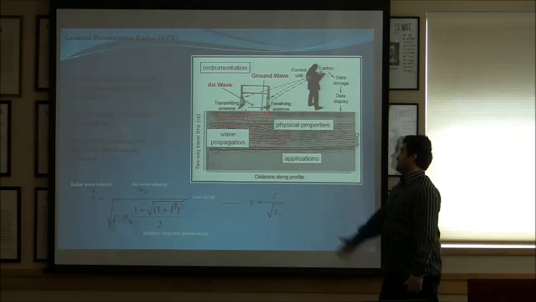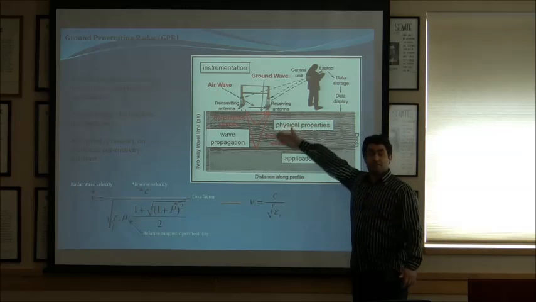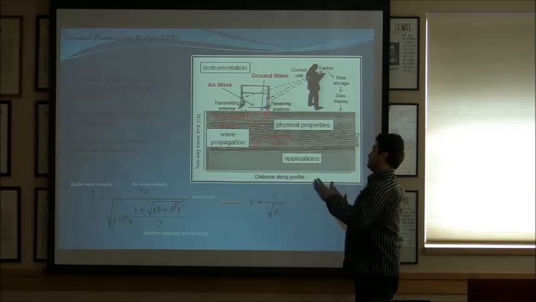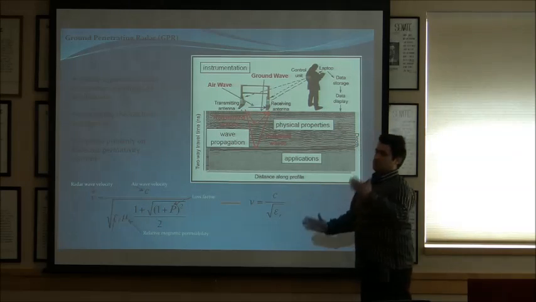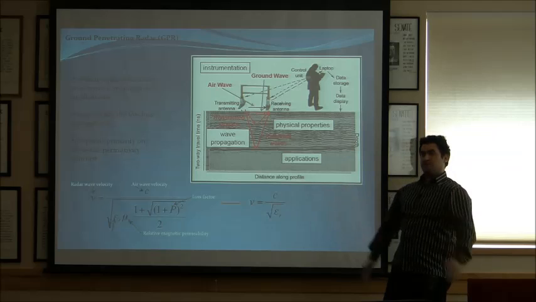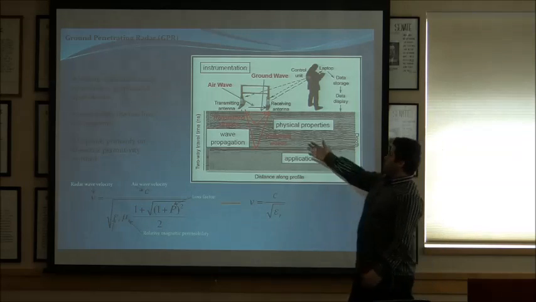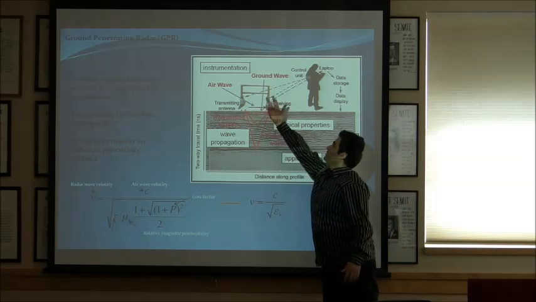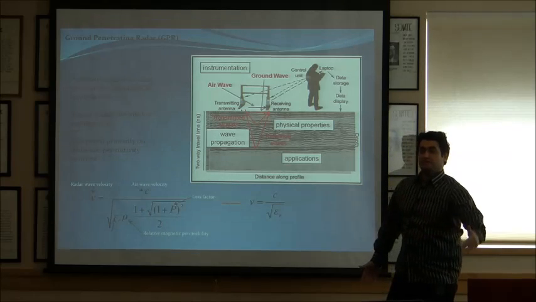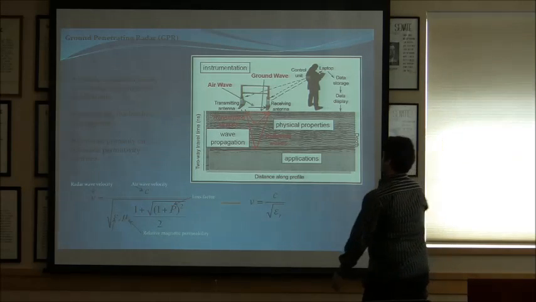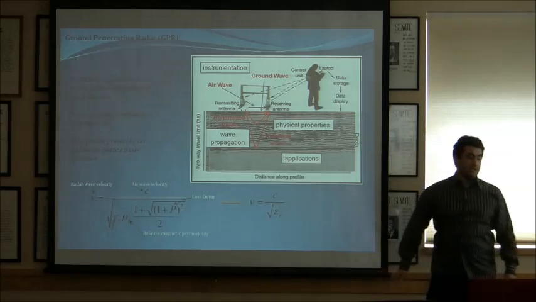One, you can estimate the velocity of different subsurface layers by doing what is called CMP, with the transmitter and receiver separated at increasing distances, or you can fix the spacing between the transmitter and the receiver and measure common offset profiles. We will see both types in a second also.